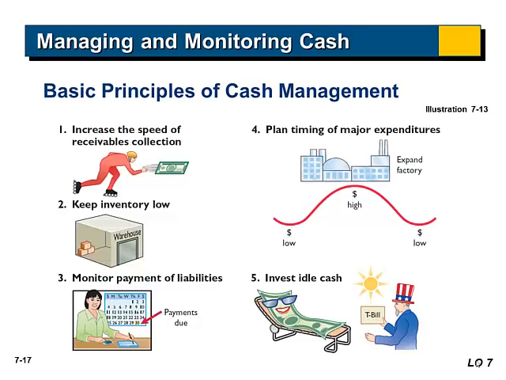Another cash management principle is to monitor the payment of your liabilities. Some companies try to do this. So if you are buying things from your vendors and they are invoicing you and they say, hey, pay us the amount you owe us in 30 days. Well, if you pay for the amounts that you owe them on day one, then you don't have the cash for those 30 days.